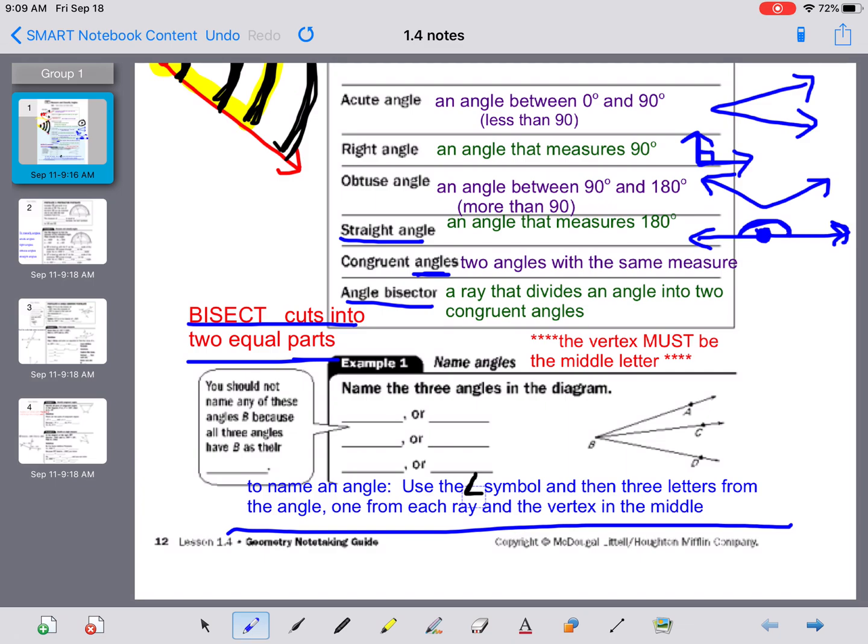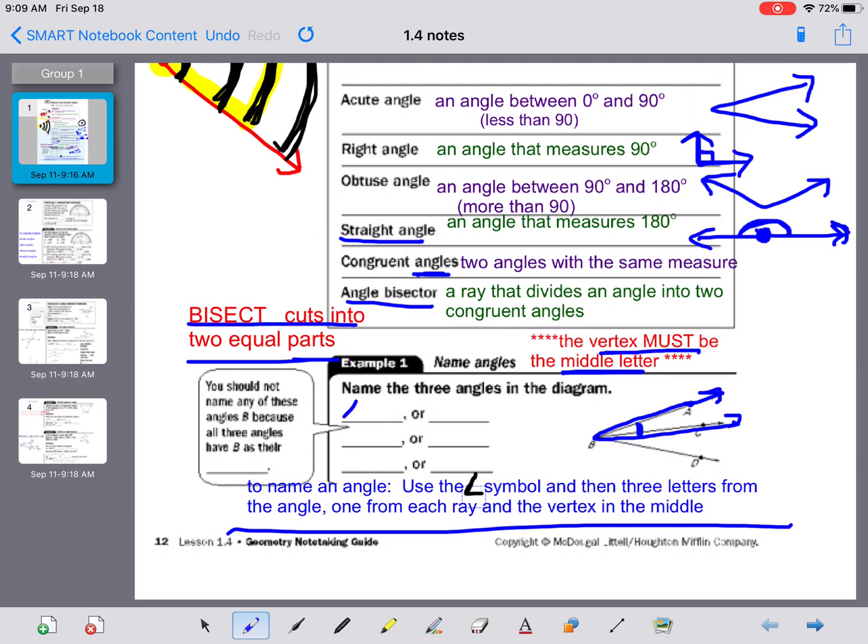So let's say I'm looking at the first angle up here, this tiny one on top, okay? My vertex must be the middle letter, but I play dot to dot with it, basically. If you can't see where my pen just marked, I have to tell you, go to A, now go to B, and then to C, and now you're looking at the same place I am.